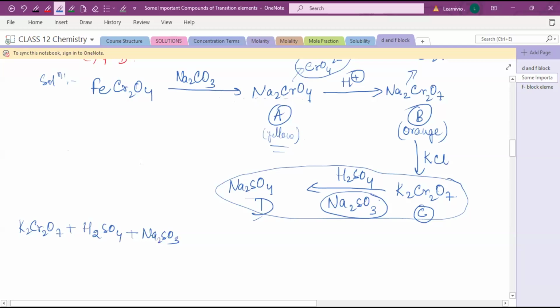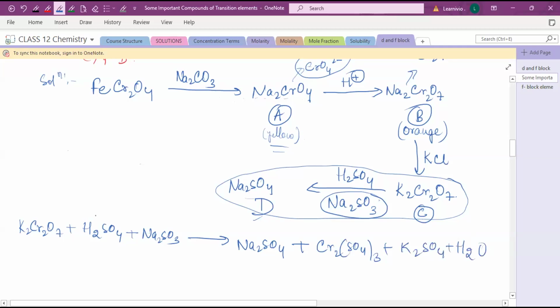It will oxidize Na2SO3 to Na2SO4, and the byproducts will be Cr2(SO4)3 plus K2SO4 plus water.